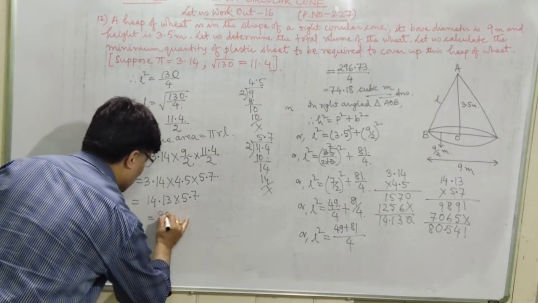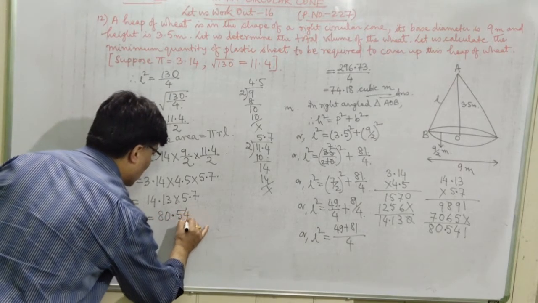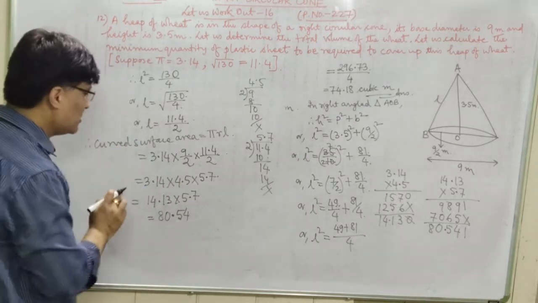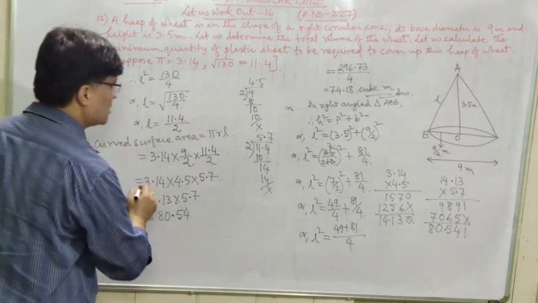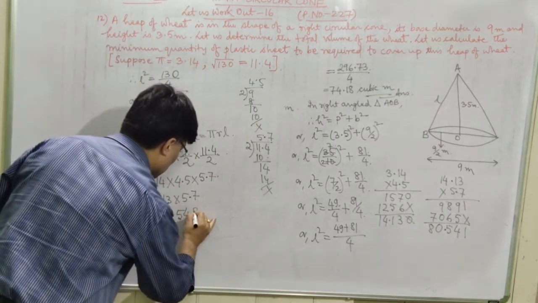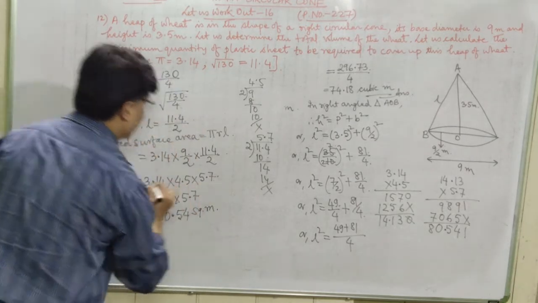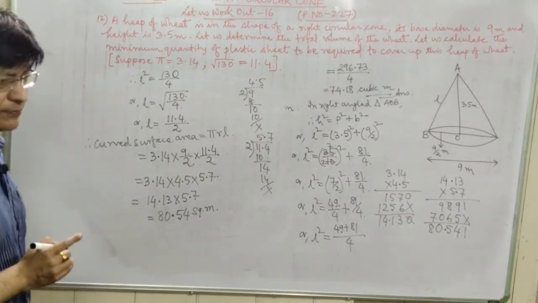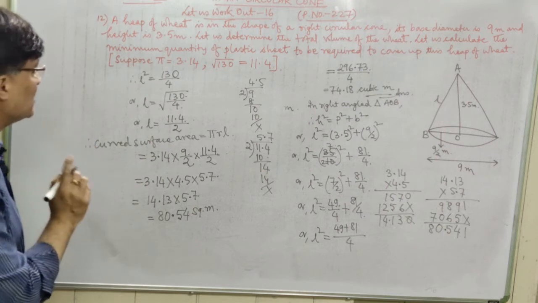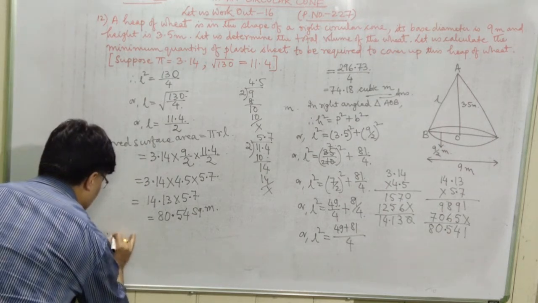You can write here 80.54, and you don't have to write 1 there. It is approximate figure. That is 80.54. What is the unit? It is the square meter, because this is the curved surface area. That is square meter. So I think you have understood it. So this is the answer for the last part, that is minimum quantity of plastic sheet.